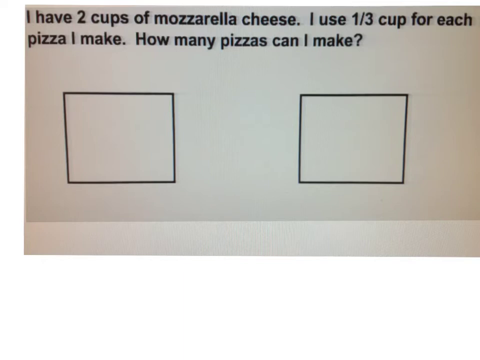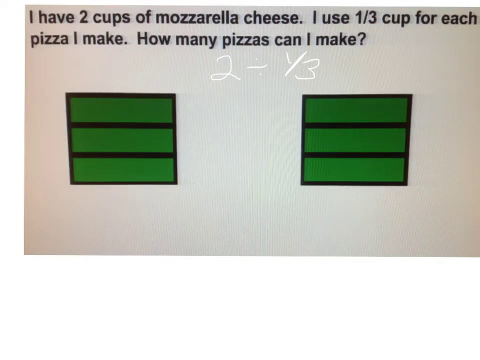So I'm taking my 2 cups and I'm going to divide it by the size of 1/3, and I want to see how many groups can I make of that size. Okay, so I've taken my 2 cups and I'm dividing it into sizes of 1/3, and I want to see how many groups of that 1/3 can I get.